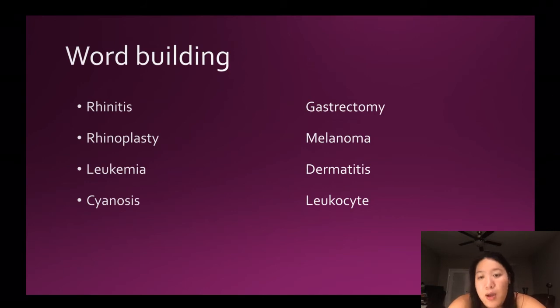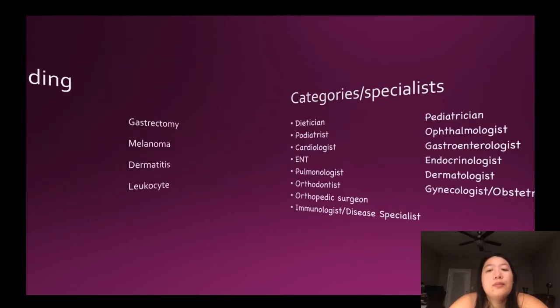So melanoma is essentially skin cancer, because it is a tumor within the skin pigments and skin functions. And there's also dermatitis, which is itis, inflammation of, and derma is the skin. There's leukocyte, which is essentially a white blood cell.